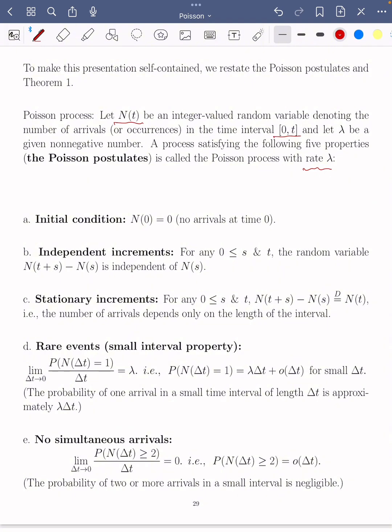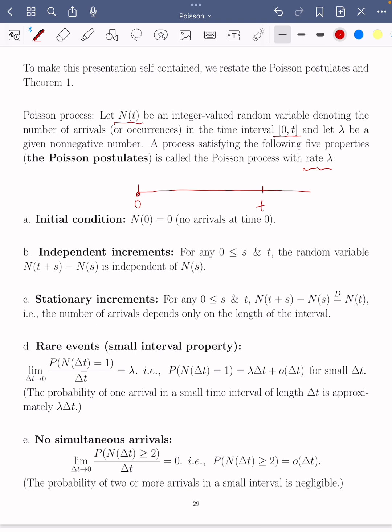So the initial condition is that we have a time axis. So this is 0, and this is time t. And then we know that the number of arrivals at time equal to 0 is equal to 0.